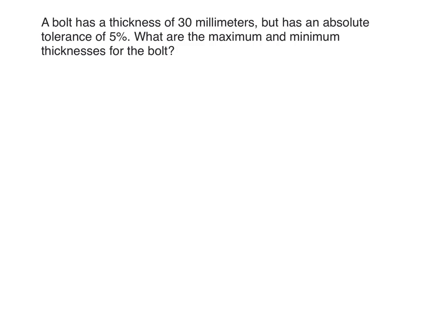So they would need to do something like this. If I know that x is my possible value, that's the possible minimum and maximum thicknesses. The difference between the possible values and 30 is equal to 5% of 30. Now, that's really important. The tolerance isn't 5 millimeters. The tolerance is 5% of 30 millimeters.